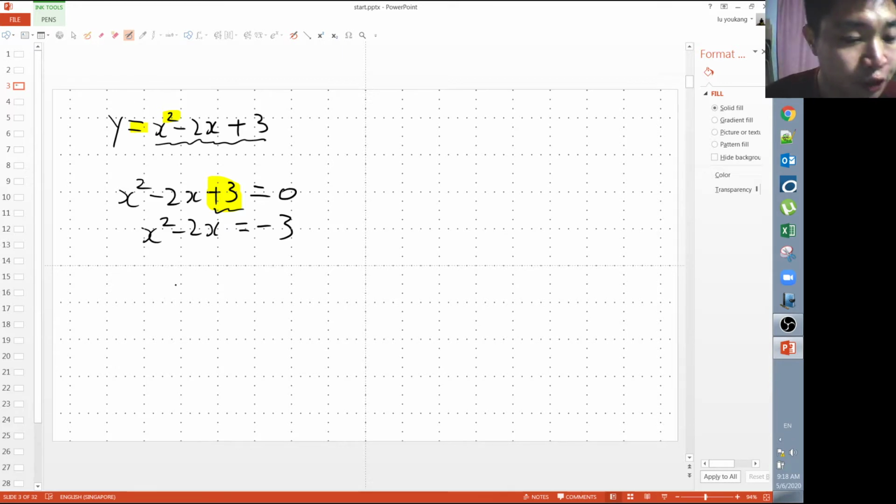Now, what you need to do is think of adding a c to the left hand side such that these 3 terms can give you something that looks like this.